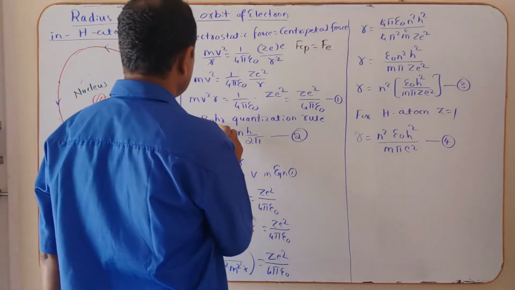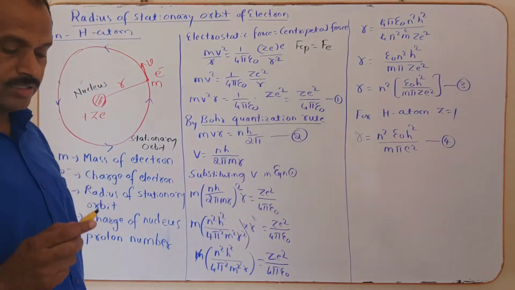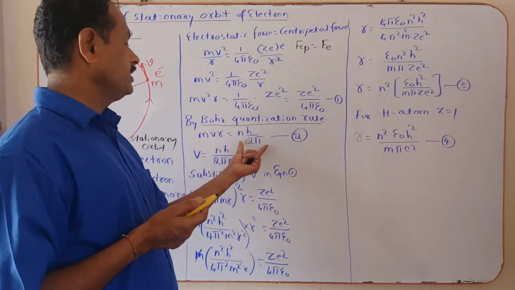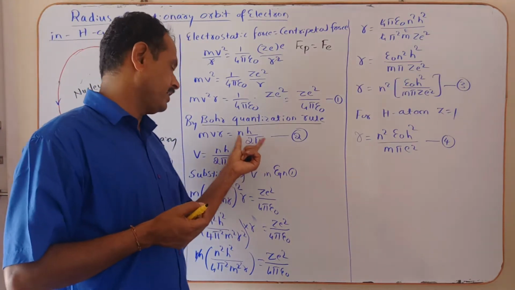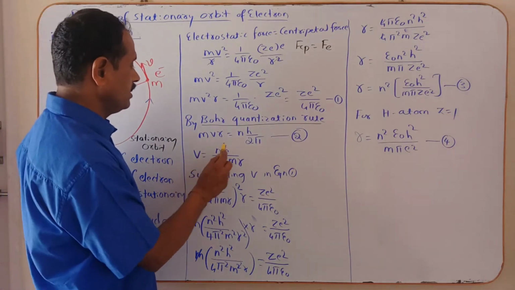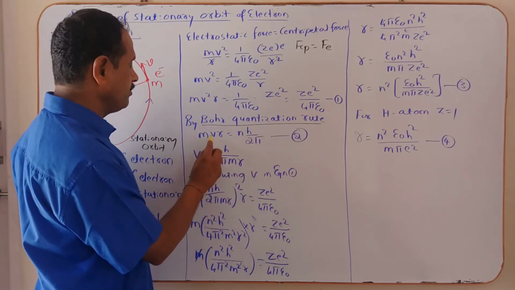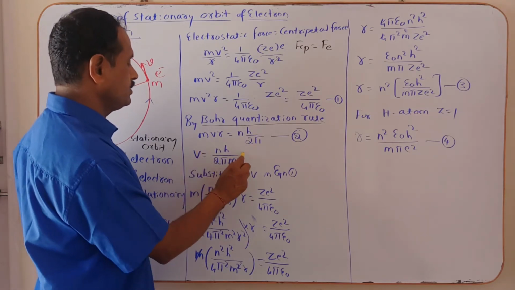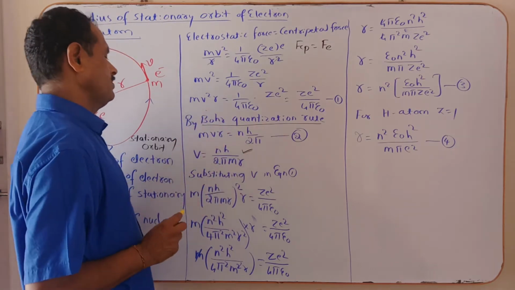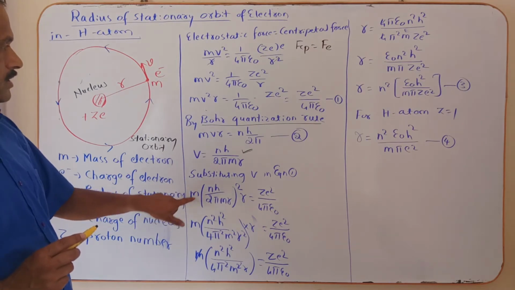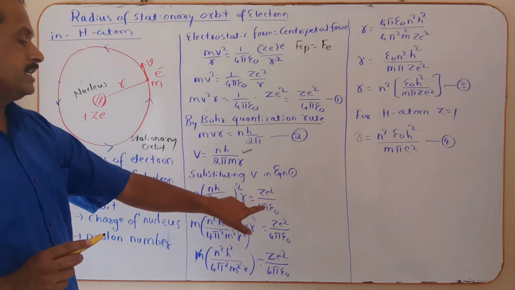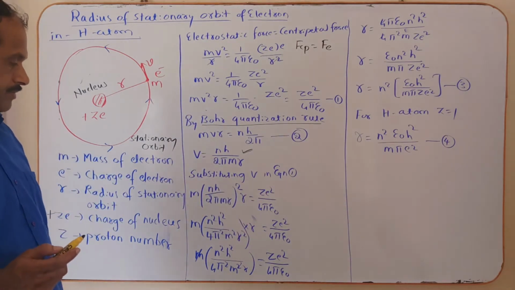Now by the Bohr quantization rule, the second postulate, angular momentum mvr is equal to an integral multiple of h upon 2 pi. So v is equal to n h upon 2 pi m r. Now substitute this v in this equation: m into n h upon 2 pi m r whole square into r is equal to ZE square divided by 4 pi epsilon naught.